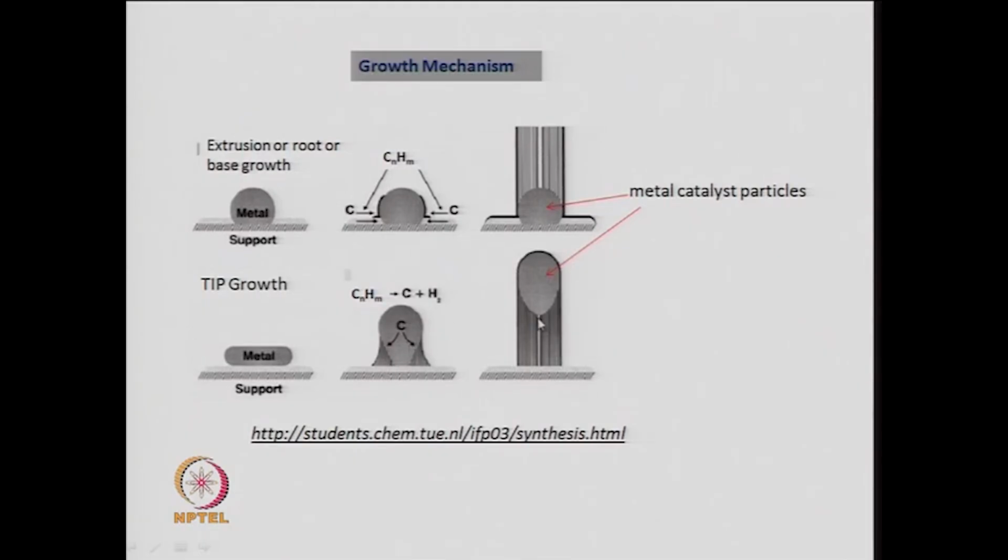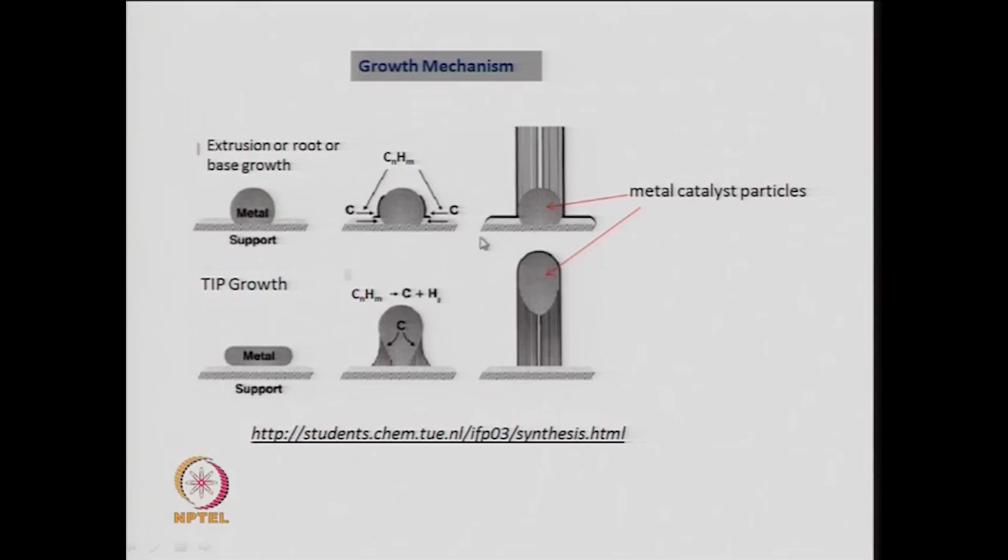As you see, this is the tip of the catalyst particle and the carbon is precipitating here, so this tip will continue to move up and the carbon nanotube will form on the substrate. The difference in the two, as you see, is that in the base growth the nanotube is on top of the catalyst particle, whereas here the nanotube is on top of the substrate and the catalyst is on top of the carbon nanotube.